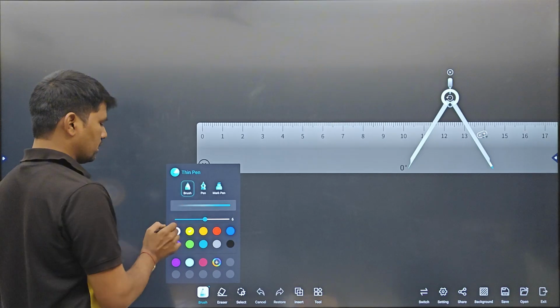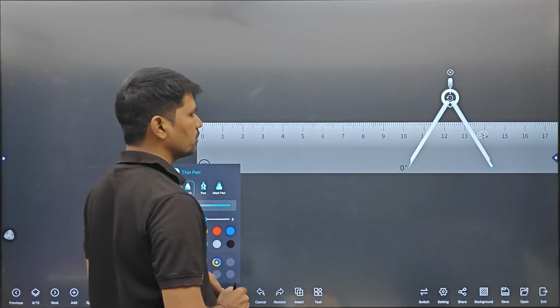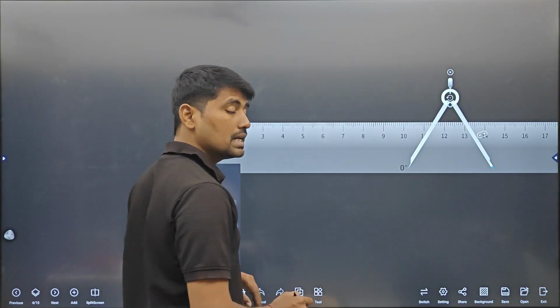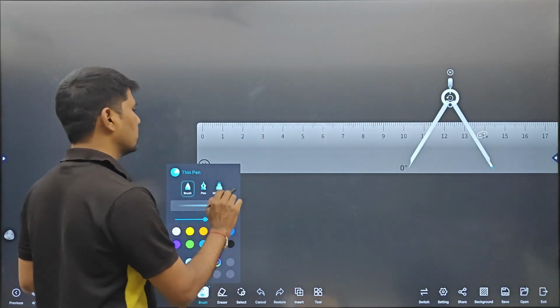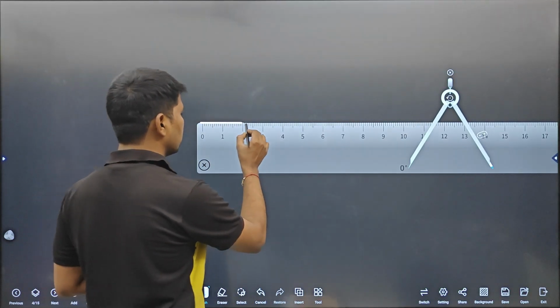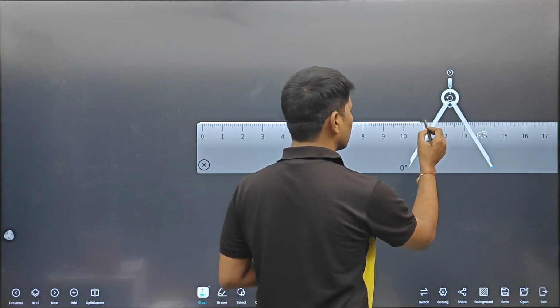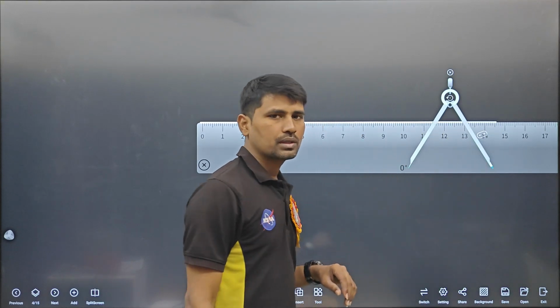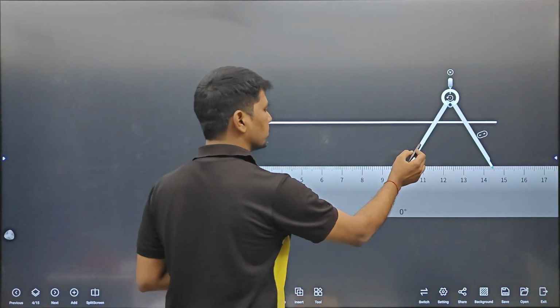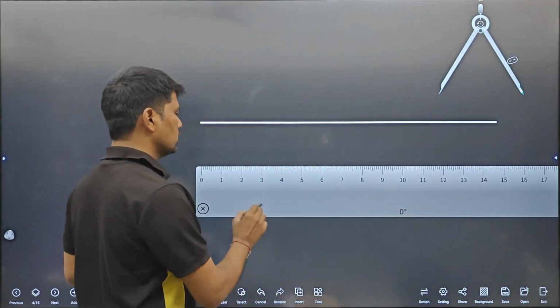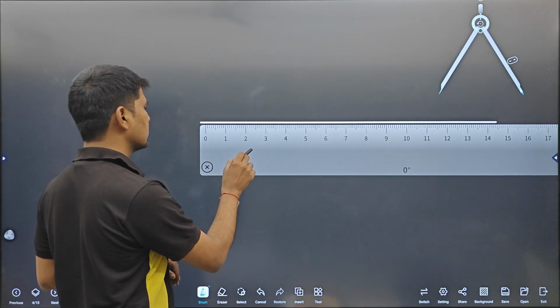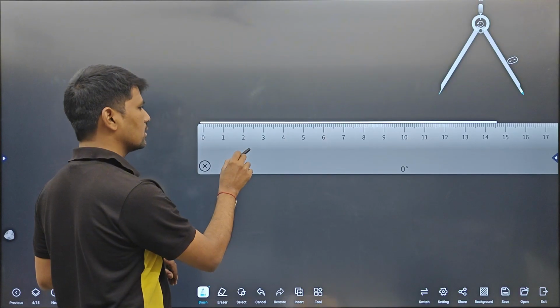First we have to draw the principal axis. Step 1, principal axis. See, I am drawing the principal axis. Principal axis completed. After the principal axis, mark a center.